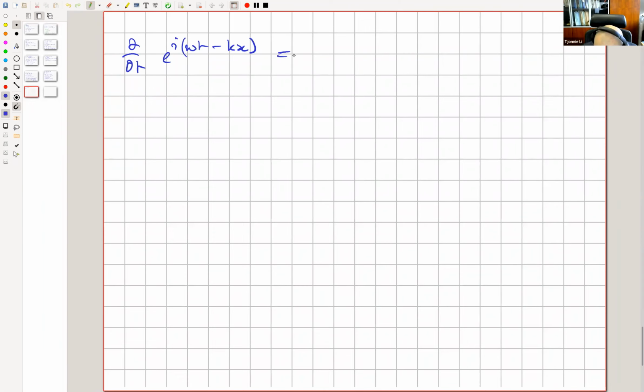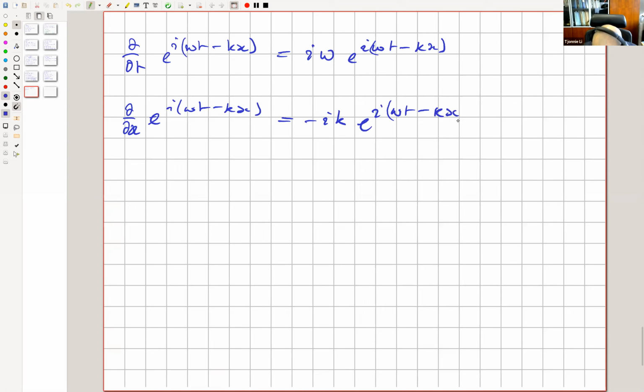But here, what we have is i omega, right? We're just taking the partial derivative with respect to t. So we get i omega that comes out, and then we again get e to the i (omega t minus kx). Similarly, partial x of e to the i (omega t minus kx) equals minus ik times e to the i (omega t minus kx).